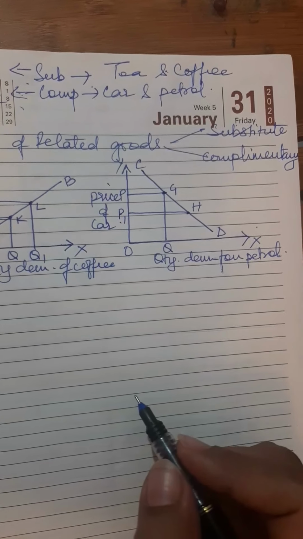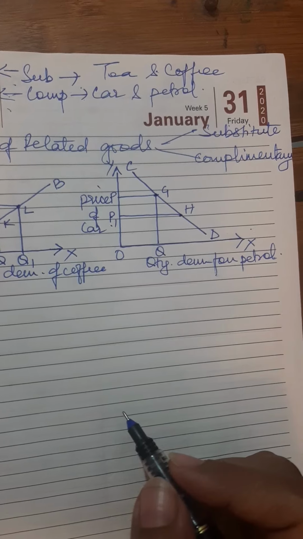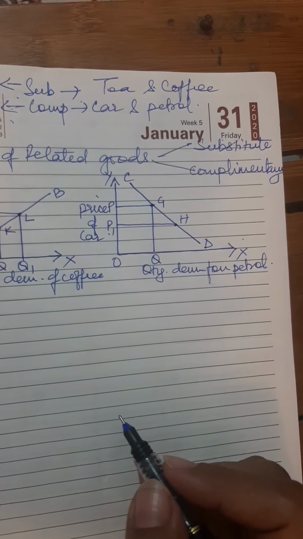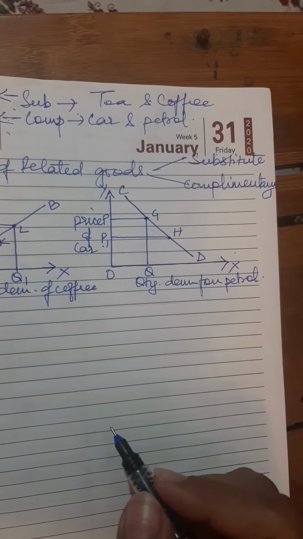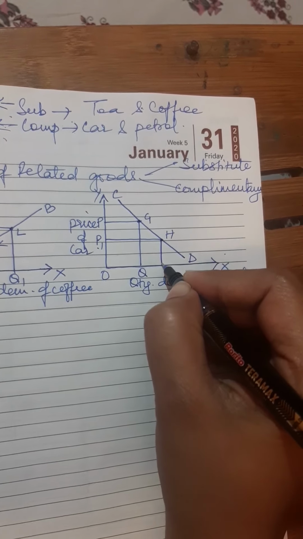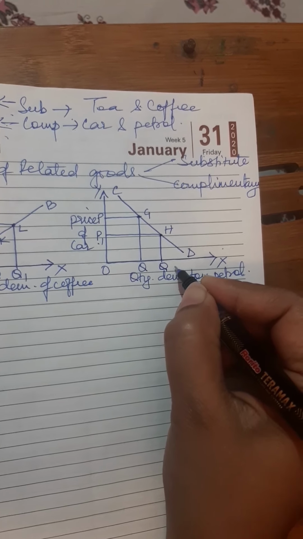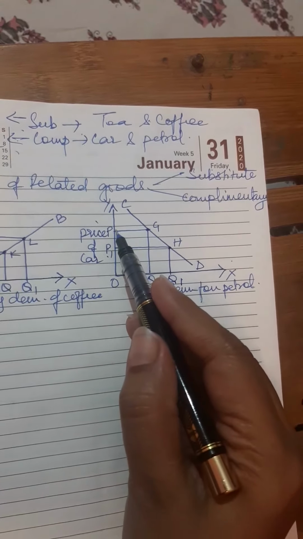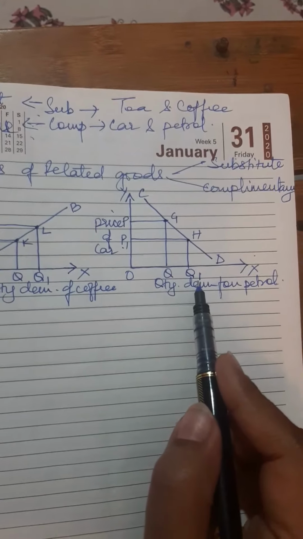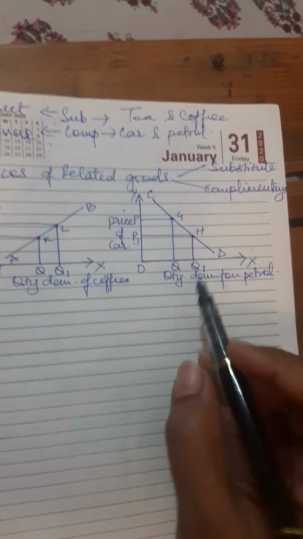Once the price of car falls, the quantity demanded of car is going to increase. So once the quantity demanded of cars increases, obviously there will be more demand of petrol. So see what is happening? The quantity demanded of petrol has increased. Price of car has fallen and quantity demanded for petrol has increased. So this shows the inverse relationship between complements.